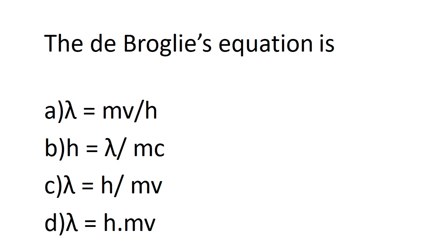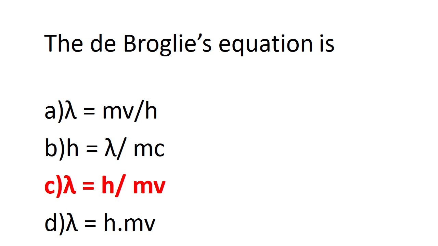Next one, the de Broglie equation is, options are given. The correct answer is lambda is equal to h upon mv. This equation correlates wave nature of particle to the particle nature.